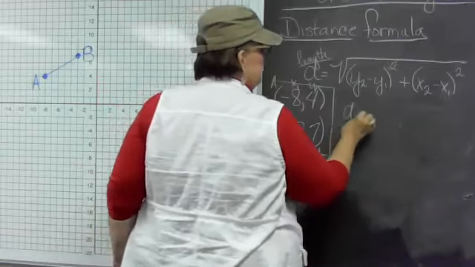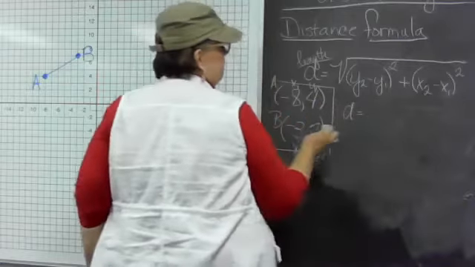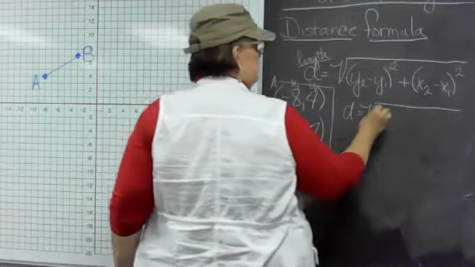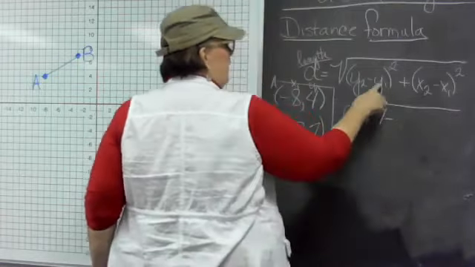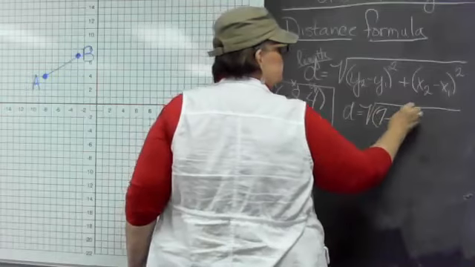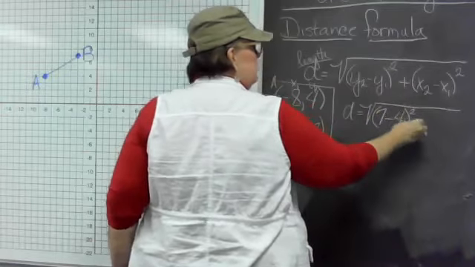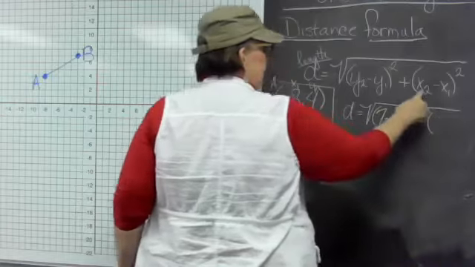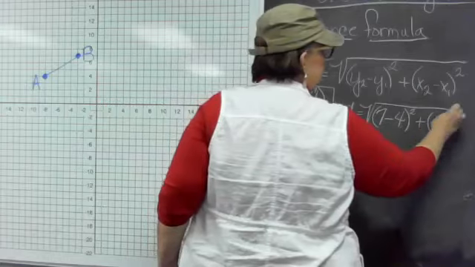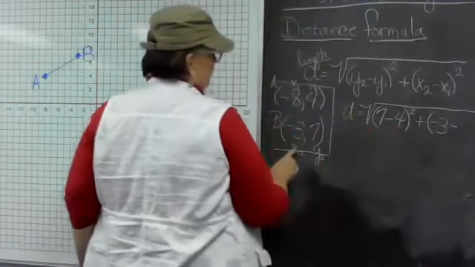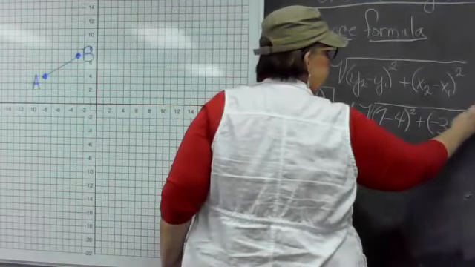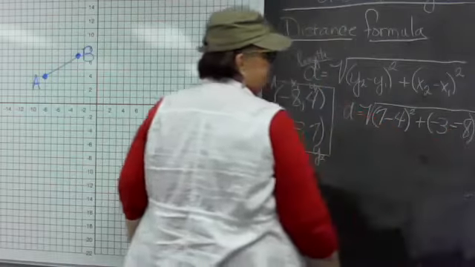So I have distance equals the square root of Y2, which is 7, minus Y1, which is 4. And don't forget to put the squared on it right here. Plus X2, which is -3, minus X1, which is -8. So we have another one of those squared.